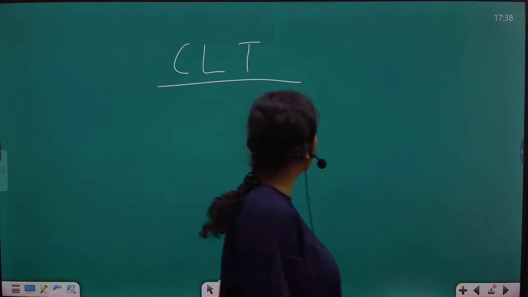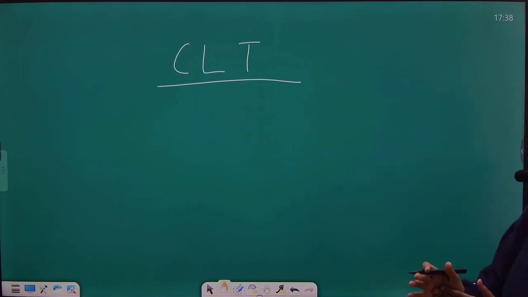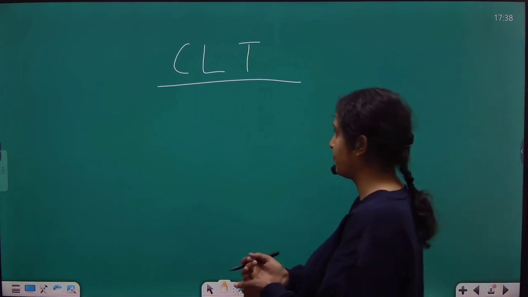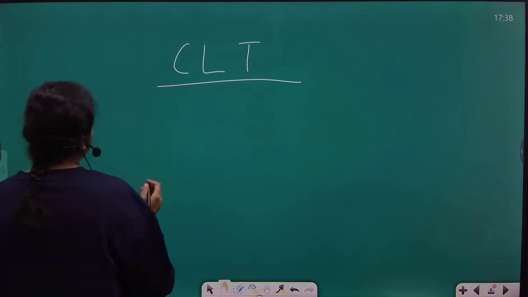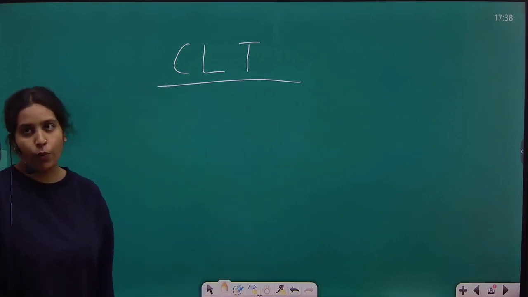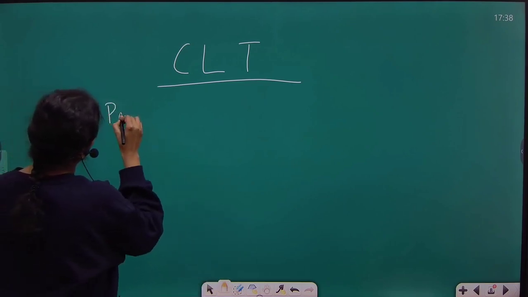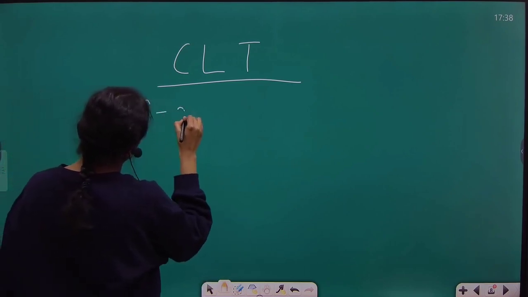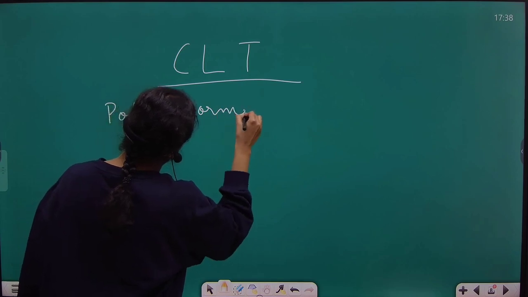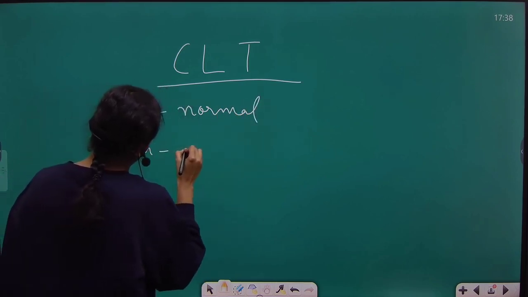Central limit theorem. So the central limit theorem tells us about the distribution of x bar, which is the distribution of the mean of any sample. It says that whatever the distribution of the population is, first let's see if the distribution of the population is normal, then its mean will also have a normal distribution.